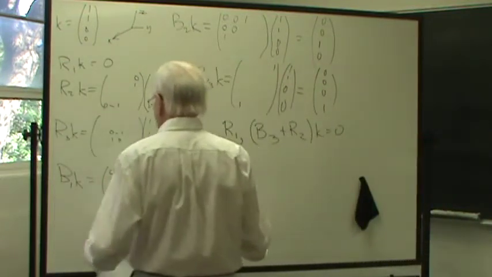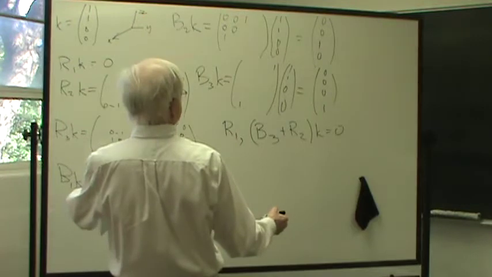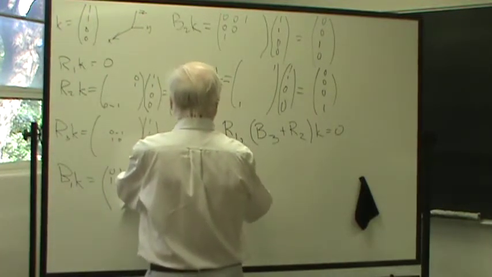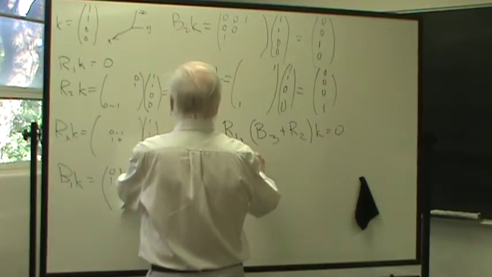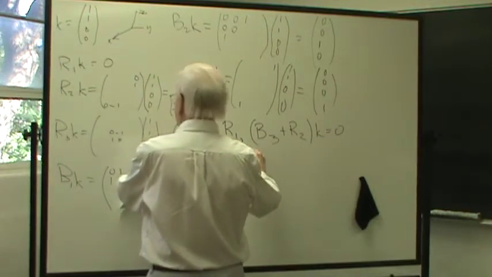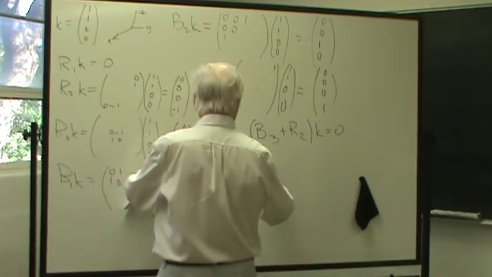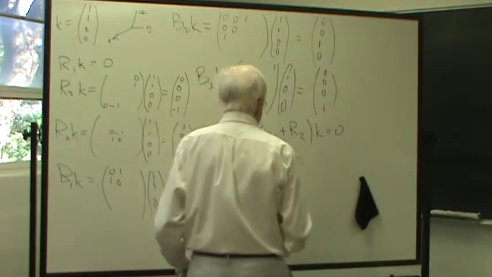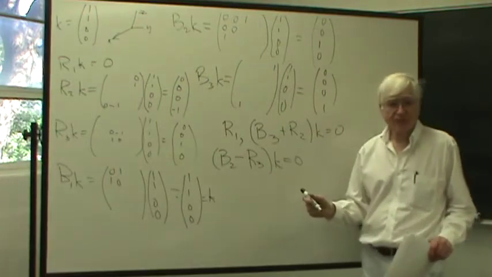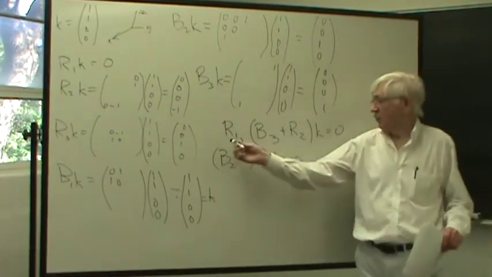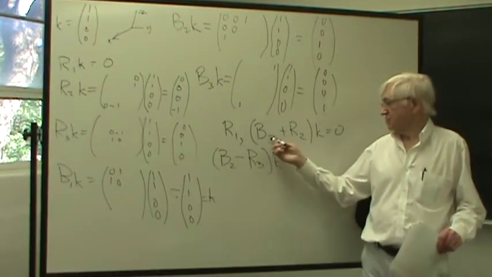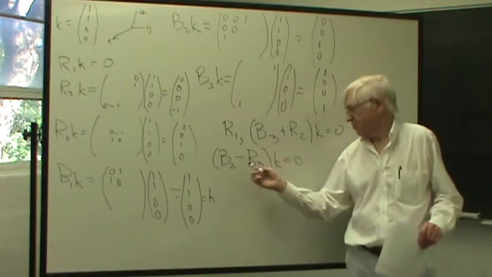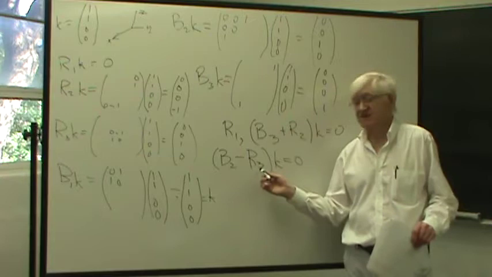And furthermore, B2 minus R3 annihilates K. So we have 3 generators of the little group: R1, B3 plus R2, and B2 minus R3.